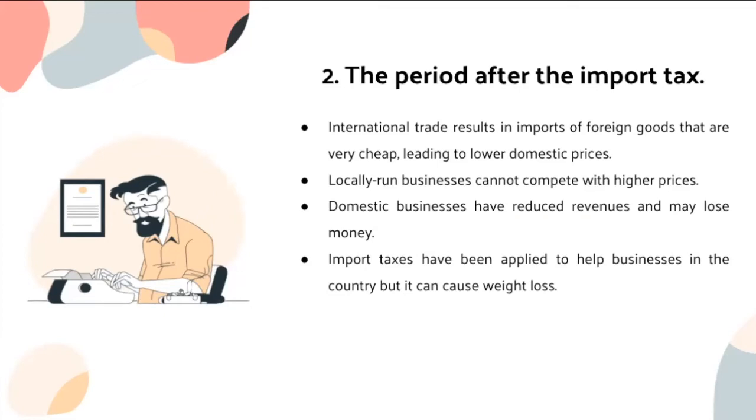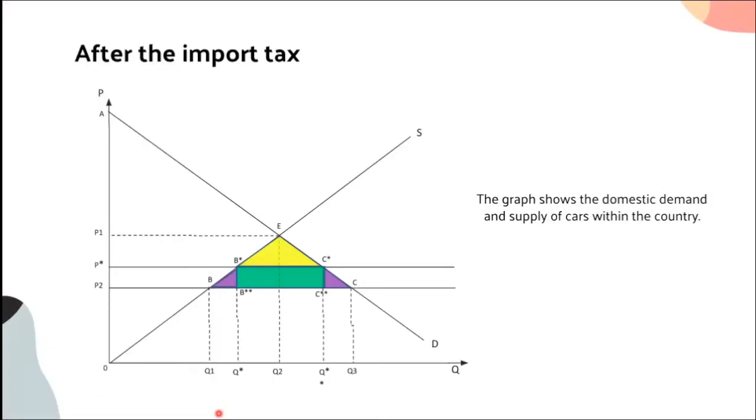Therefore, import tax has been introduced to help business in the country, but it can cause deadweight loss. It can be described with the following graph. The graph shows the domestic demand and supply of cars within the country. From this graph, it can be explained that with international trade, the price of cars fell from P1 to P2.